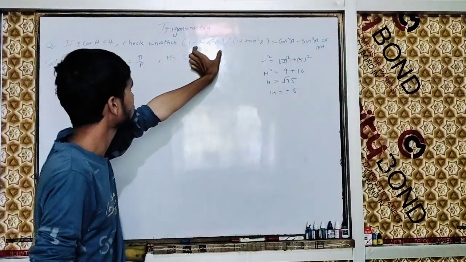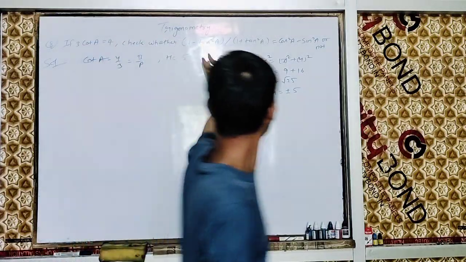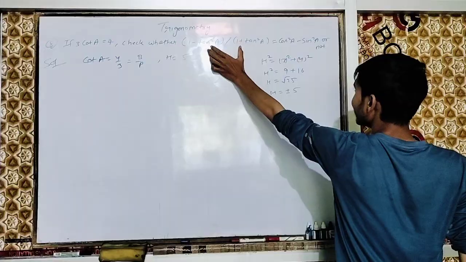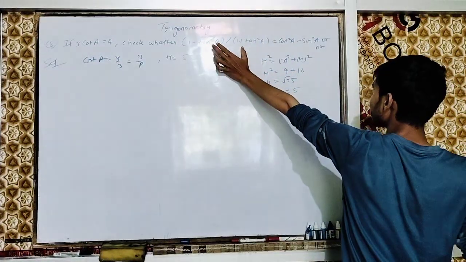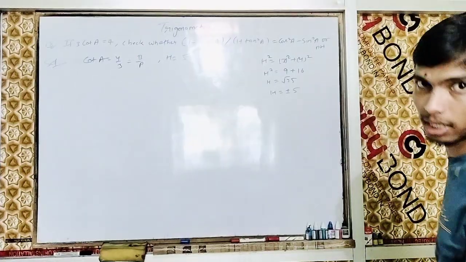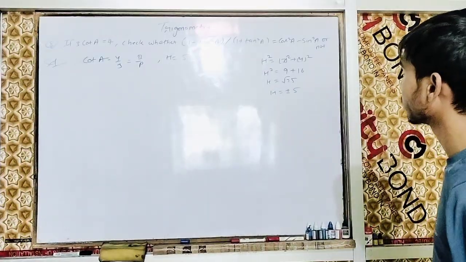Now we are able to prove this. This is saying that the left hand side is equal to this side. This is what we have to tell by solving this.